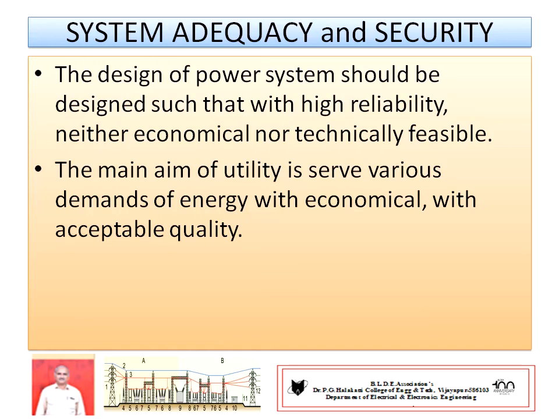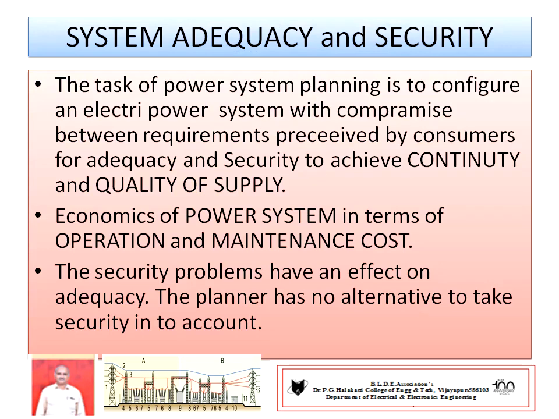The main aim of the utility is to serve various demands of energy economically with acceptable quality for consumers. The task of power system planning is to configure the electrical power system with a compromise between the requirements of adequacy and security to attain continuity and quality of supply.